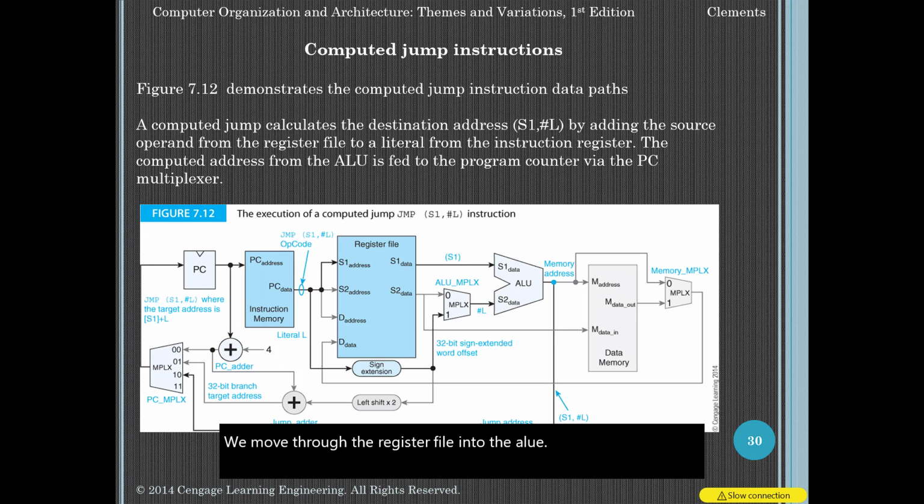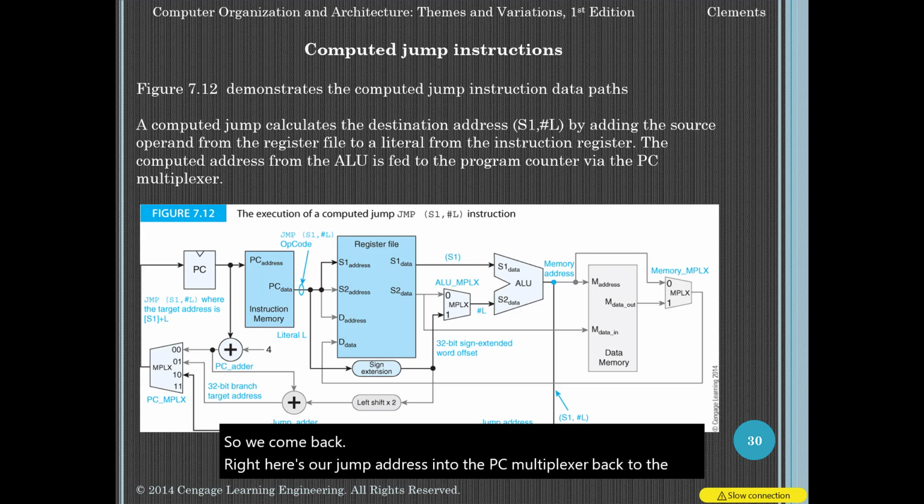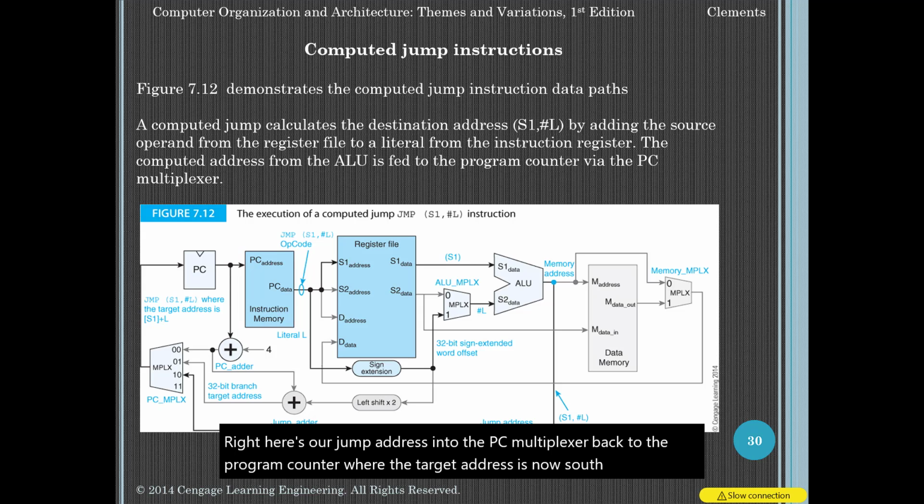And then the result is sent to the program counter multiplexer and then to the program counter. So we come back, here's our jump address into the PC multiplexer, back to the program counter, where the target address is now S1 plus L. So consequently, the next instruction that's going to be fetched from memory is wherever this address is, S1 plus L.